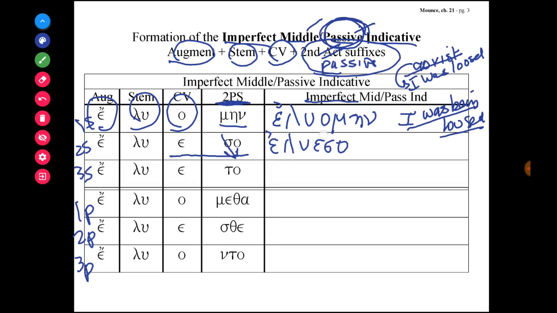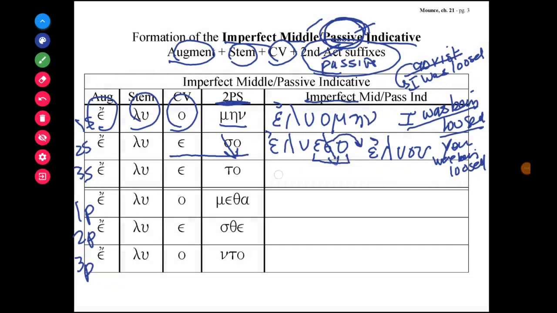The sigma does not like being sandwiched between two vowels, so the sigma drops, and when the epsilon and omicron combine, it actually forms the diphthong ou. So the final form for you were being loosed is eluou, and that's you were being loosed.